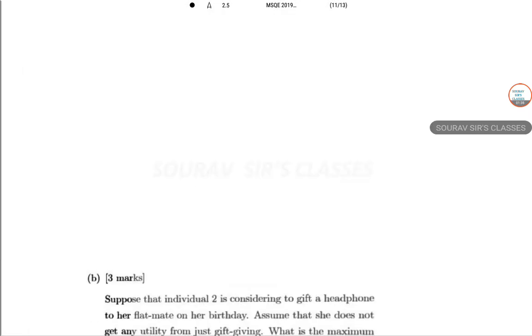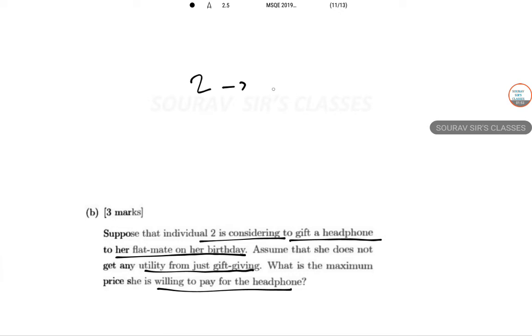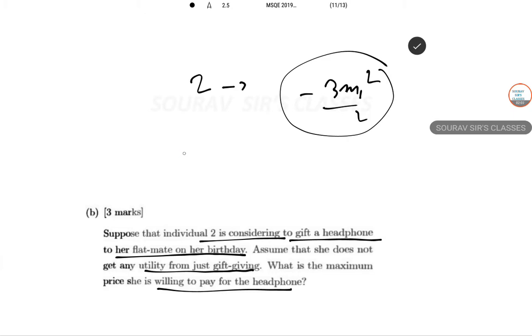Second part: individual 2 is considering gifting a headphone to the flatmate on her birthday. Assume that she does not get any utility from just gift giving. What is the maximum price she is willing to pay for the headphone? If individual 2 is gifting a headphone, she won't have to incur this disutility. So the utility is 3 minus m square by 2 from the music player of the flatmate.